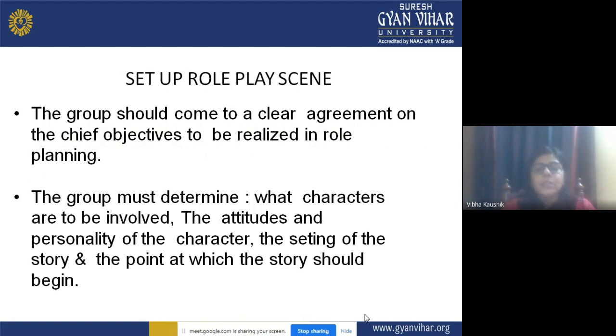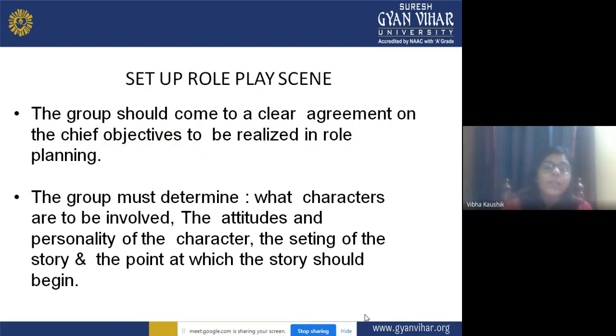The group must determine what characters are to be involved in the role play, the attitudes and personality of the characters, what is the attitude of the person playing that particular role, and how the personality of that individual is. They must also decide the setting of the story, how the story will be set out, and the point at which the story should begin.